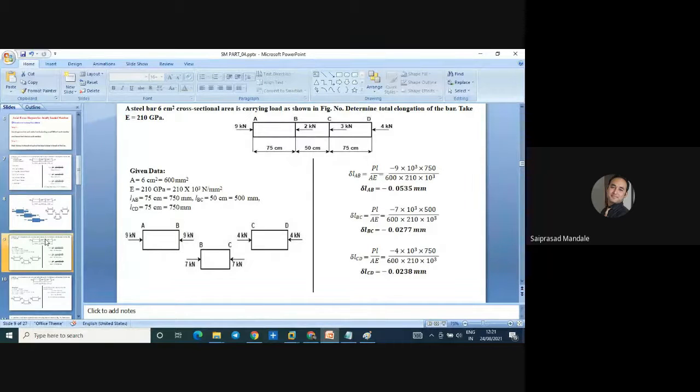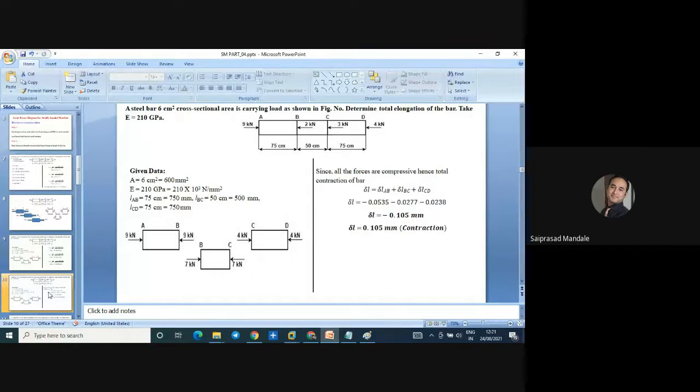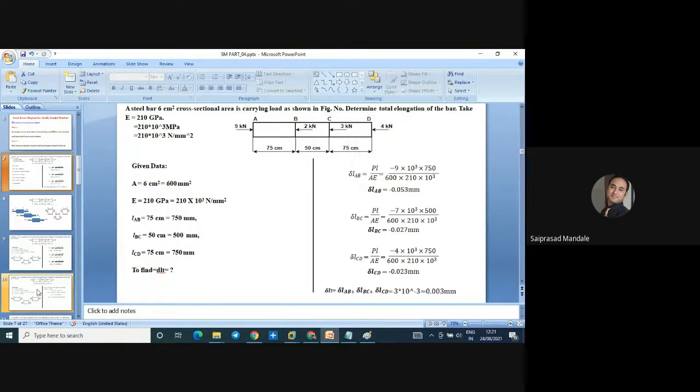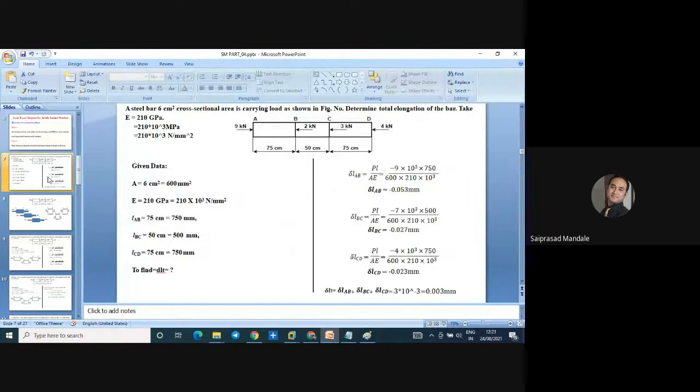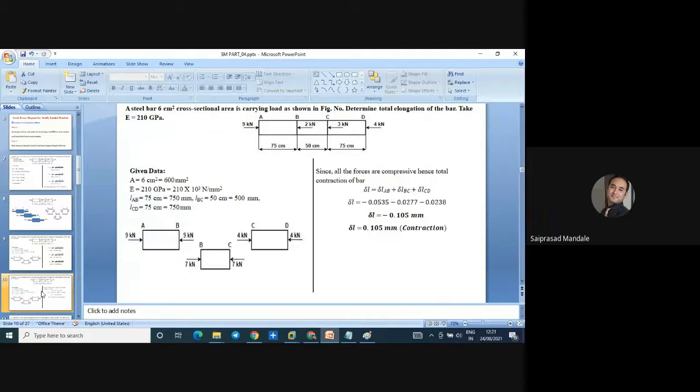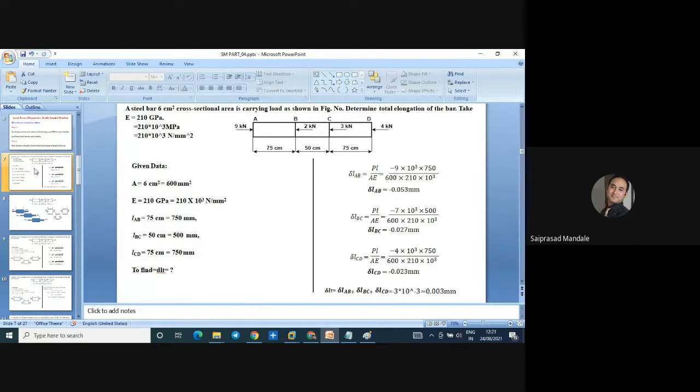Second answer is 0.0277, perfect. Third answer is 0.0238, and the total answer I have is 0.105. You are telling me something different. Make the addition of this.